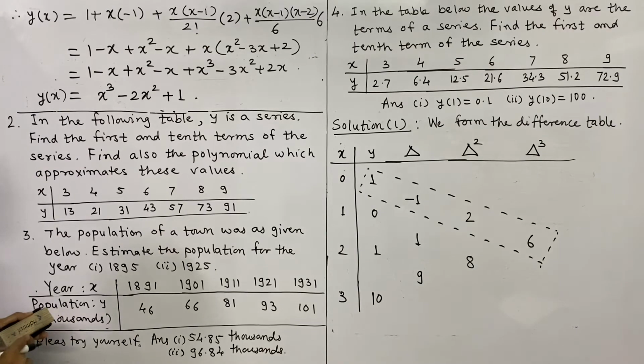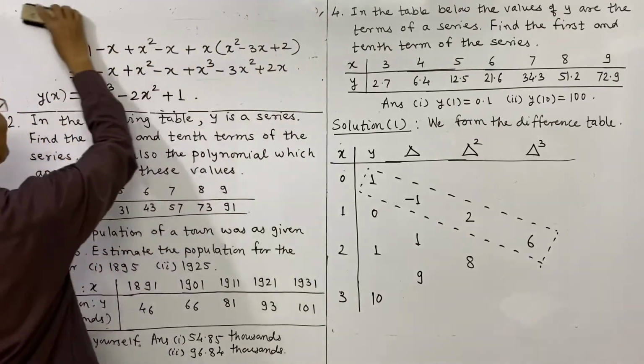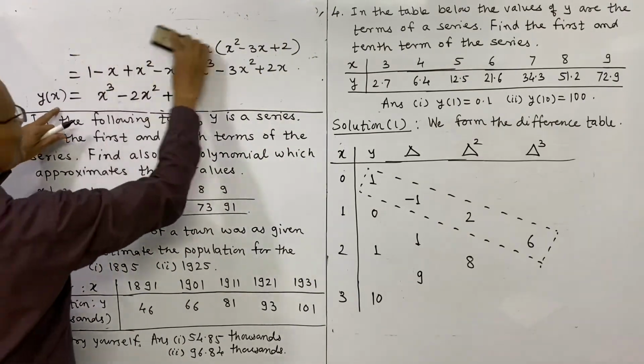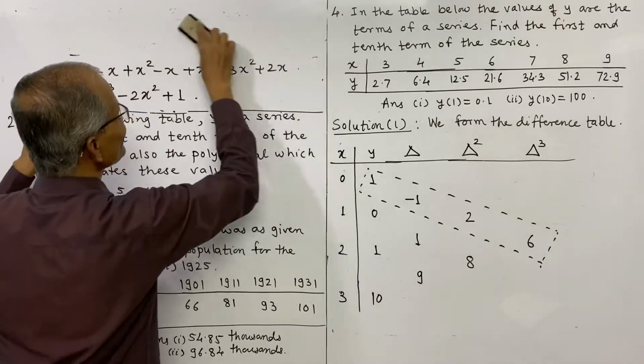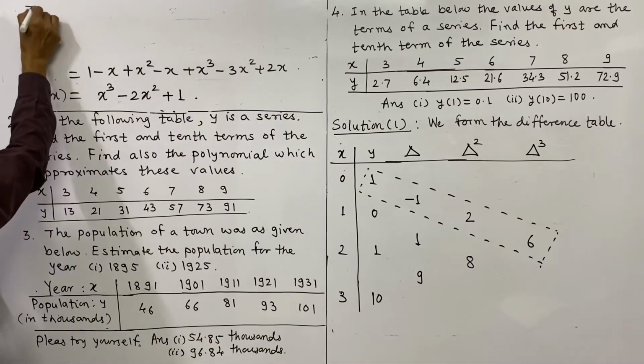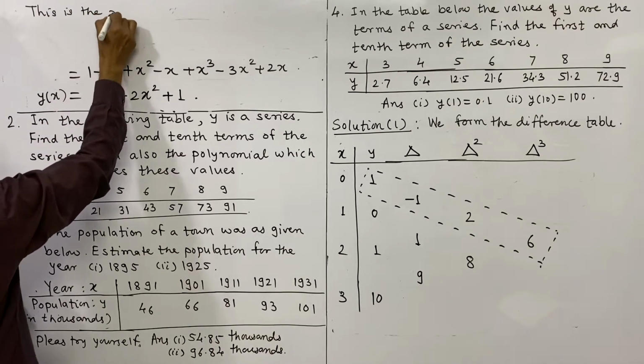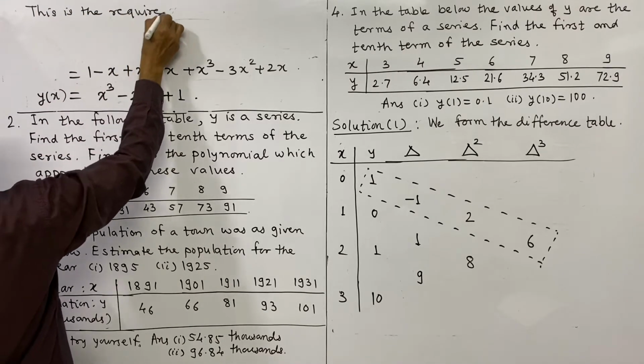Further it is asked to find y at 4. Now y at 4 can be obtained by putting the value x equal to 4 in the required cubic polynomial.